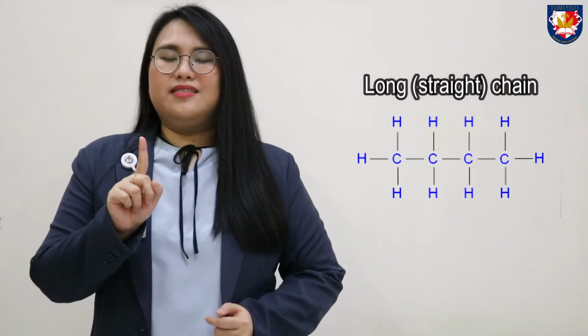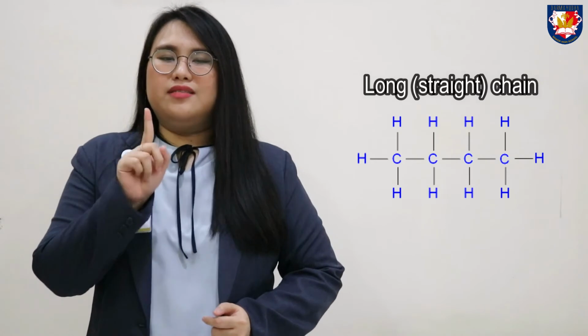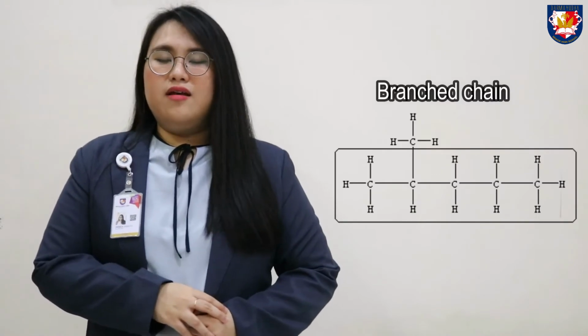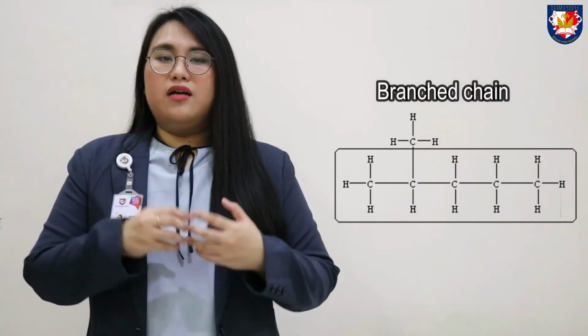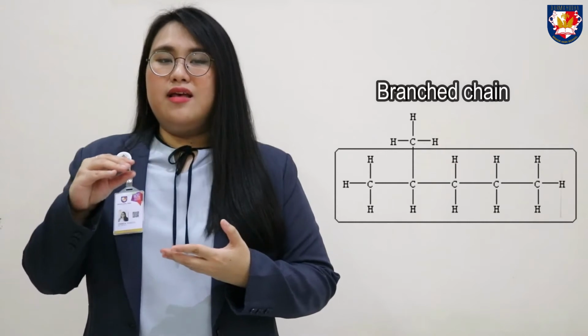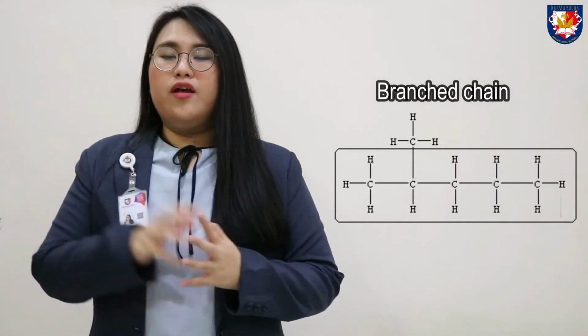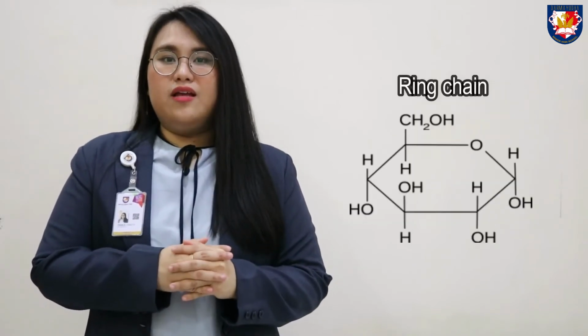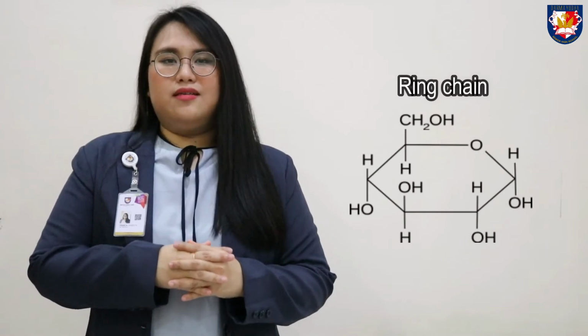The first one is the straight chain, which consists of straight carbon chains. The second one is the branched chain, which consists of a straight chain that has one or more branches. The last one is the ring structure, which forms a ring.